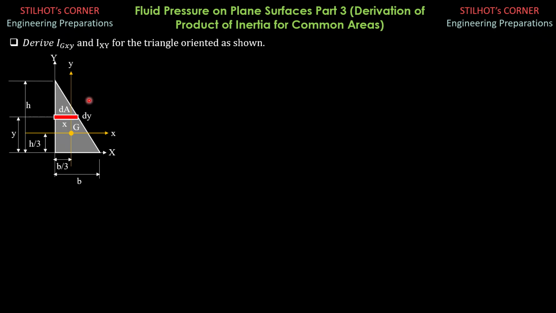Do not just rely on the formula product of inertia equals the integral of xy dA, because dA there was a differential element of dimensions dx and dy. But in this case, it is a rectangular strip. So x and y there are interpreted as the x and y coordinates of the centroid of the differential element.